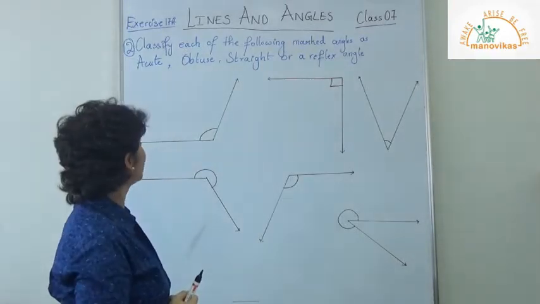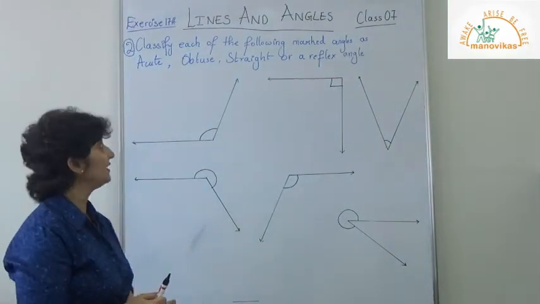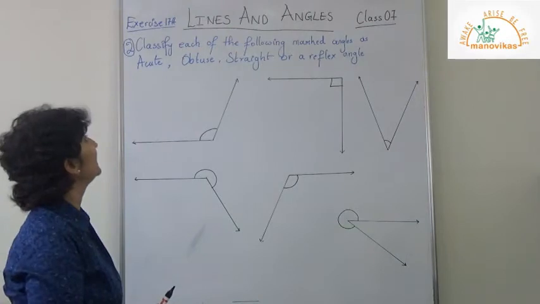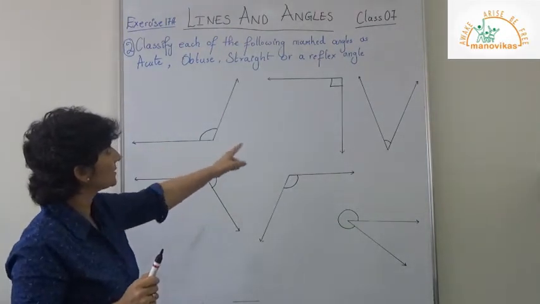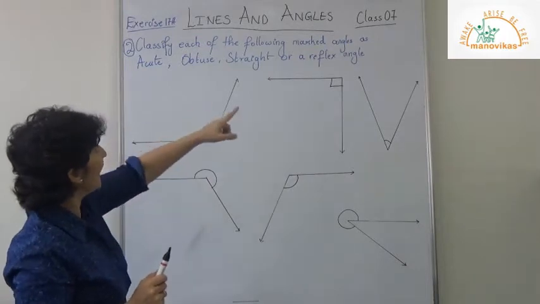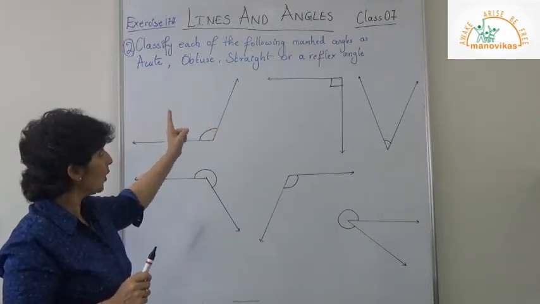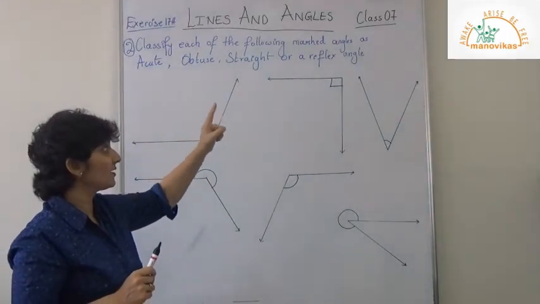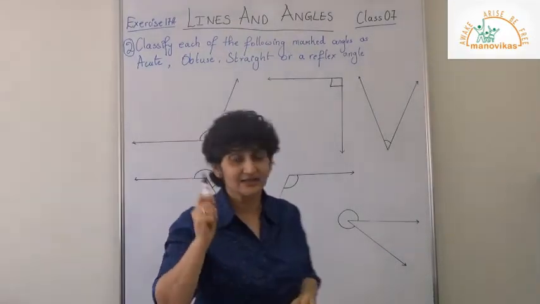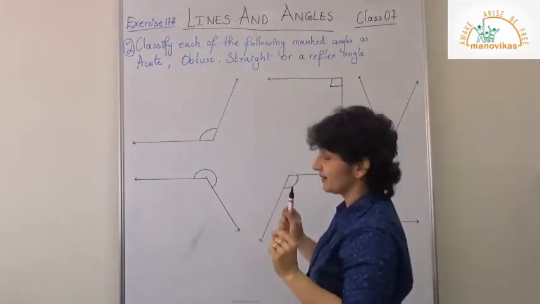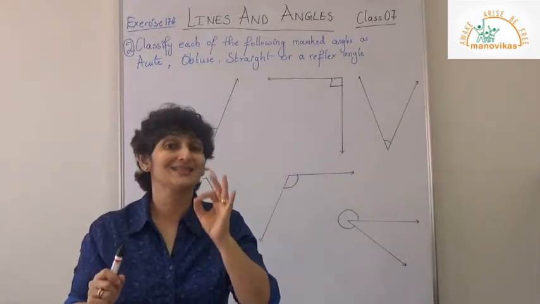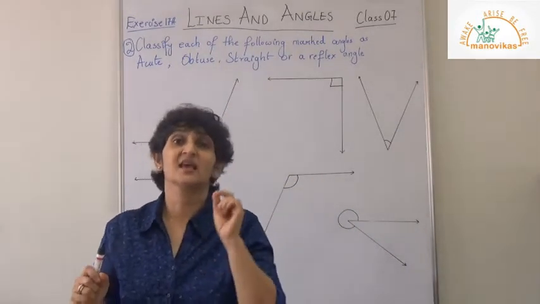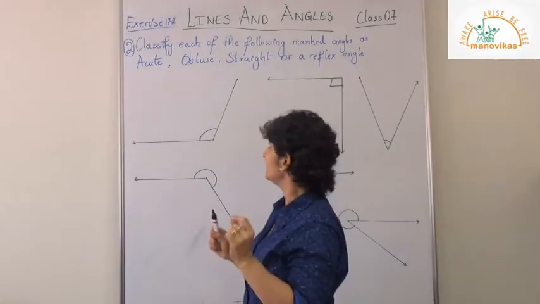Alright, question 2, children, of your exercise 17A. Let's read the question together. Classify each of the following marked angles as acute, obtuse, straight or a reflex angle. Let us revise once again. When you say acute, you know that the measure is less than 90 degrees.